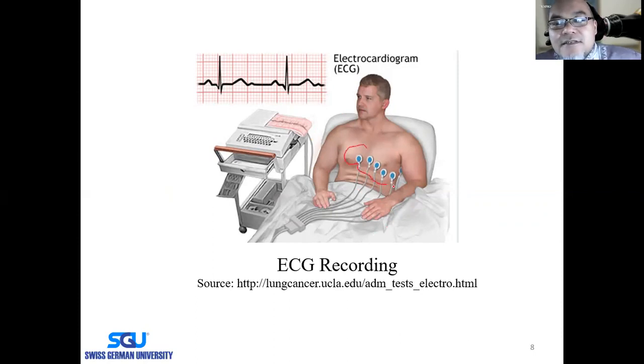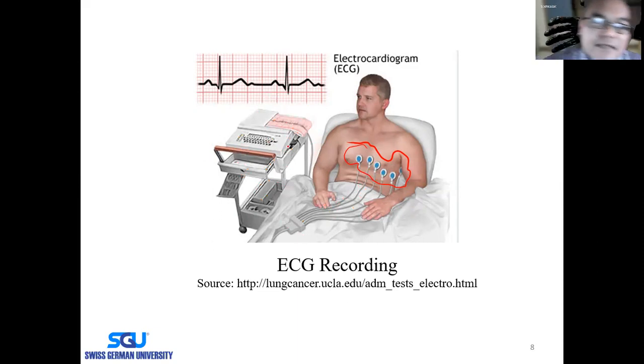So this can be mentioned as the sensor, because it transduces the signal from the body. In this case, it is the bioelectricity of the body into raw electrical signal, and then conveys it to this analog processing system.